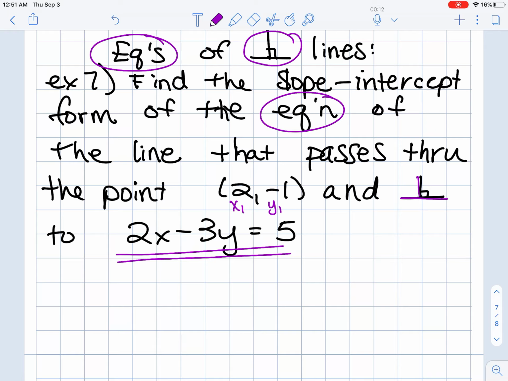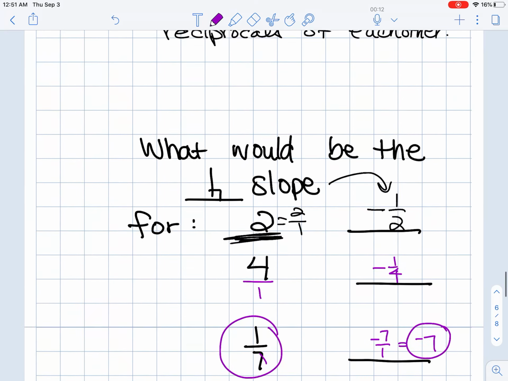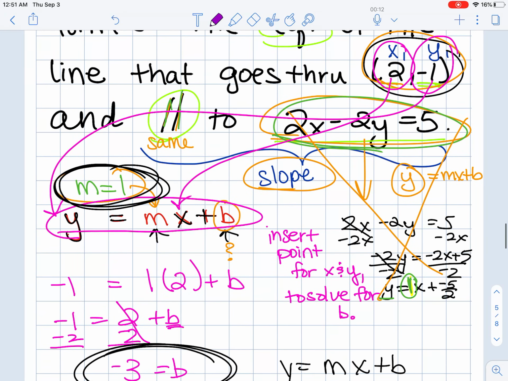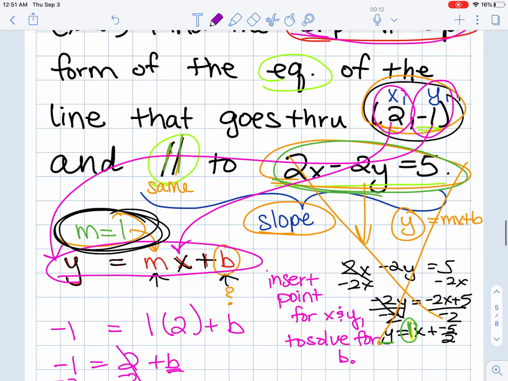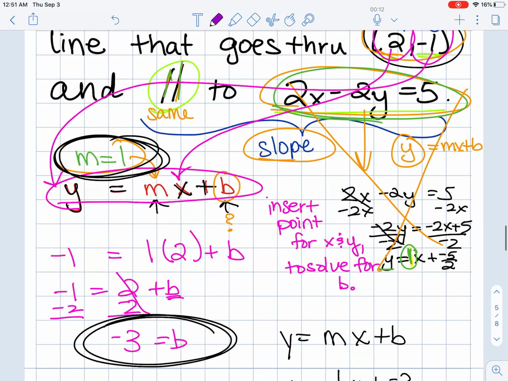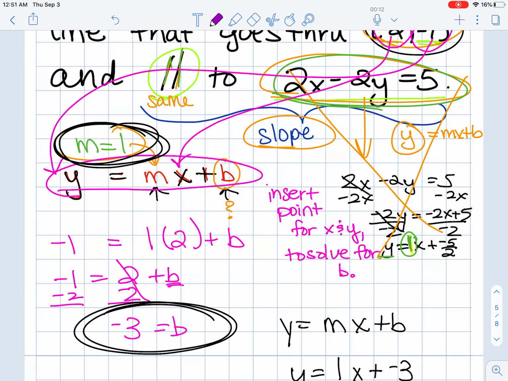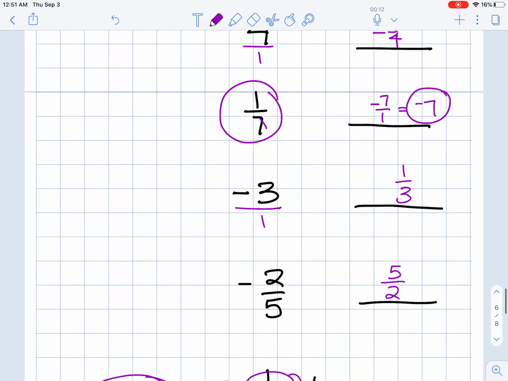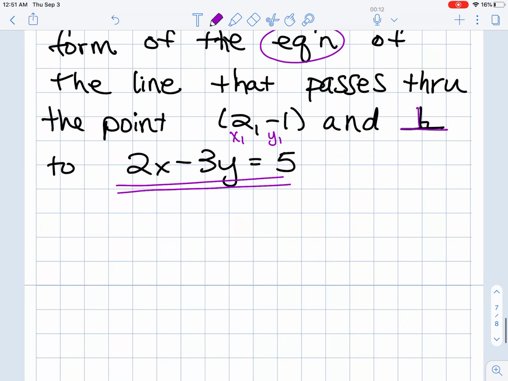Now that equation actually looks really similar. We used it up here, and we were able to get y by itself right here. y equals 1x plus negative 5 over 2. So let's bring it down here. y equals 1x plus negative 5 over 2.